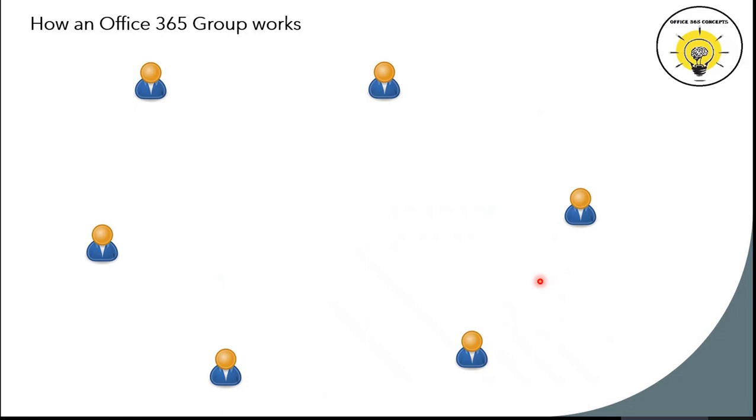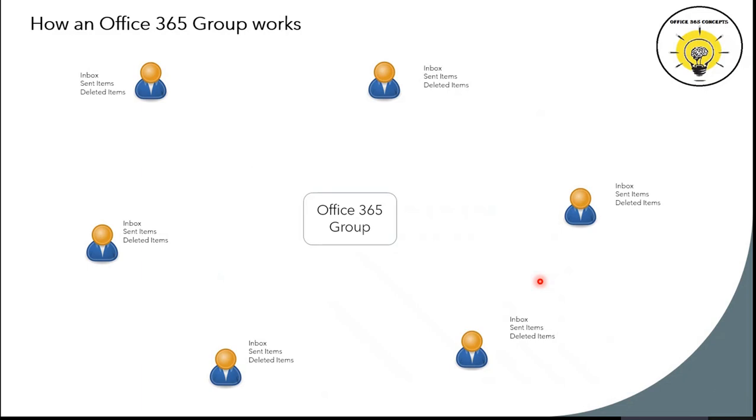Now to achieve this, we can create an Office 365 group. Let's assume that all of these 6 users have a mailbox. They can log into OWA, they can log into Outlook, and they can access all the folders of their mailboxes. They can see their inbox, sent items and deleted items as well, right? As I said, for collaboration, you can use an Office 365 group.